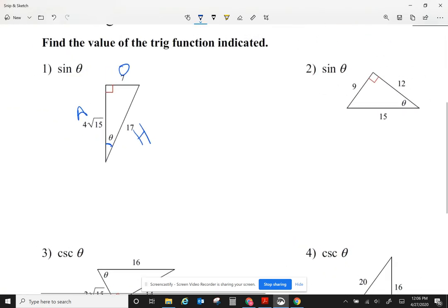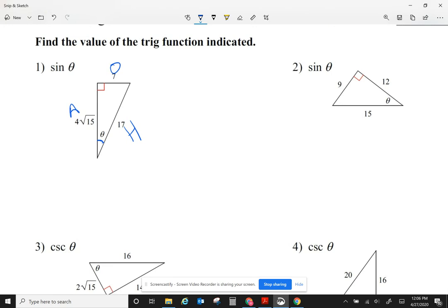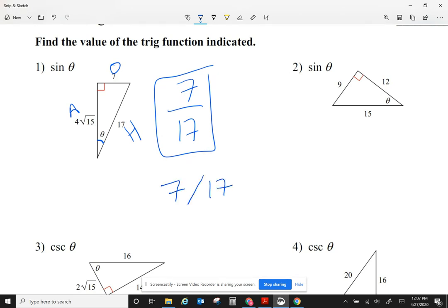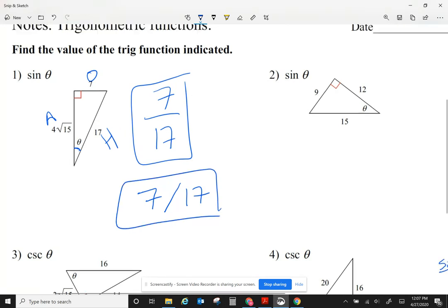So my ratio for question number 1 is 7 over 17, opposite over hypotenuse. Simplify the fraction if possible. In this case, I cannot simplify it, so it's just 7 over 17. The way you're going to type this will be 7 backslash 17.